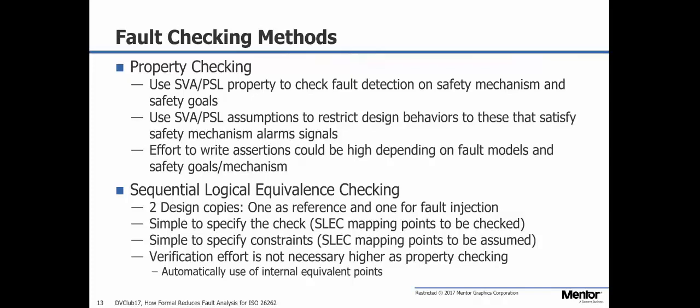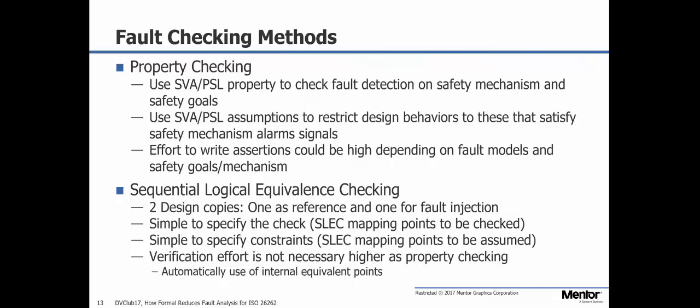Things are much simpler if you are using sequential logical equivalence checking. In this approach, you provide two designs, which are actually the same design. One copy is used as a reference, and the other is used for fault injection.